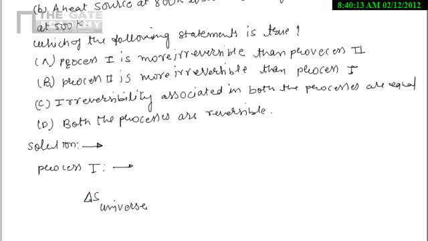So that is process 1. For del S universe, we have two reservoirs, one at 1200 Kelvin and the second at 800 Kelvin.